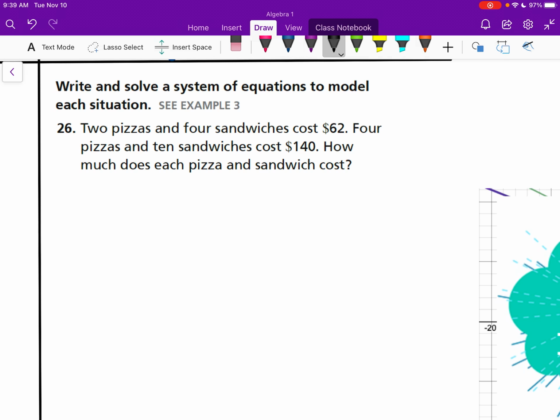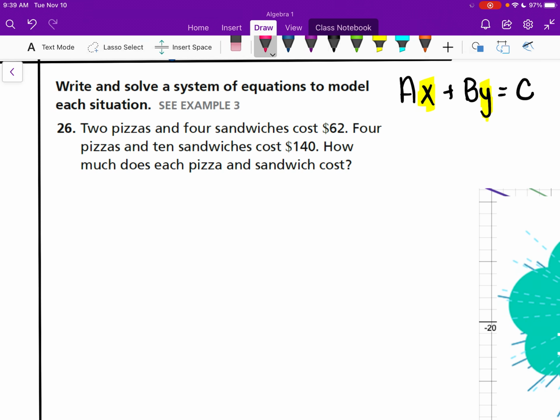And what we're going to use is our standard form model of Ax plus By equals C to set this up. This is perfect because this model has an x and a y variable that represents two different things. And in this case, what are the two things we're comparing?